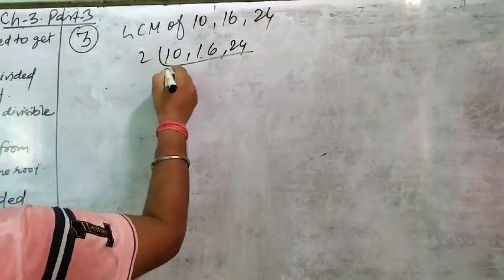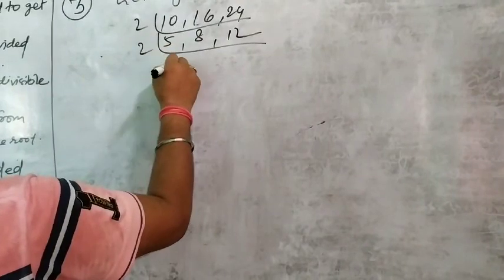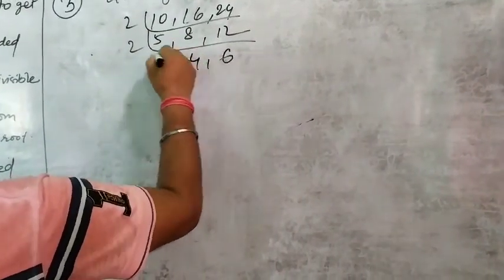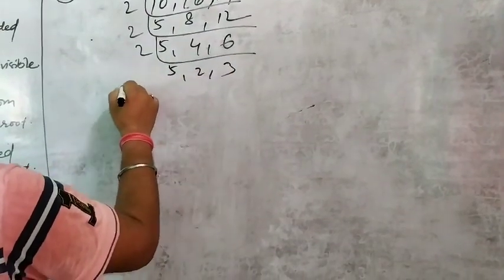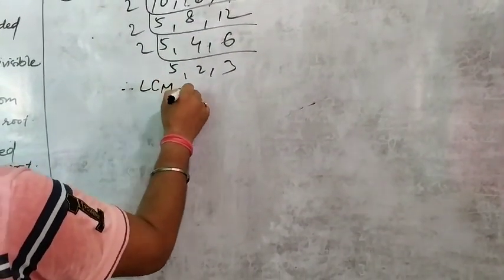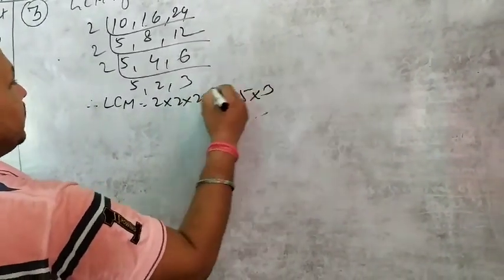We find the LCM: 2 times 5, 2 times 8, 2 times 12; 2 times 4, 6; 2 times 2 or 3. So LCM equals 2 into 2 into 2 into 2 into 5 into 3.